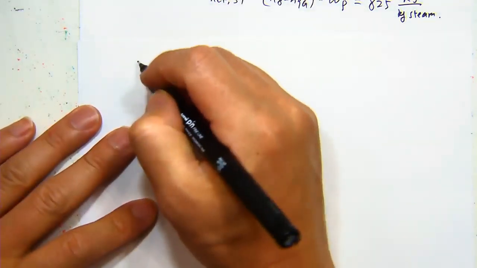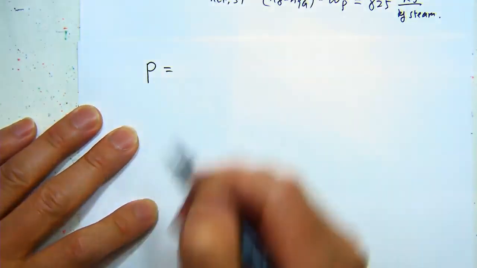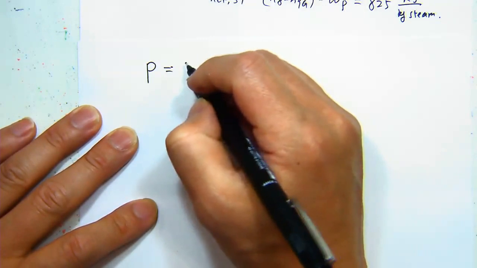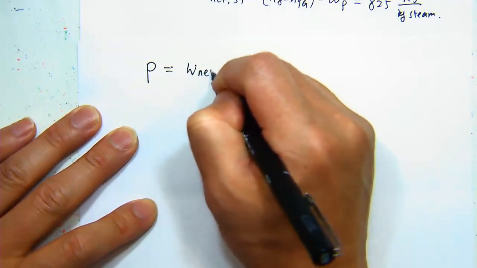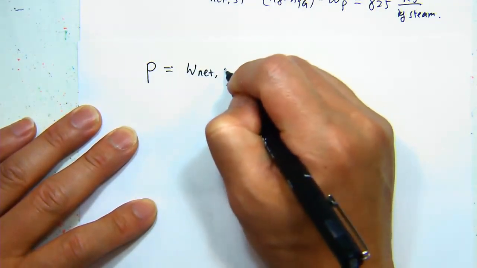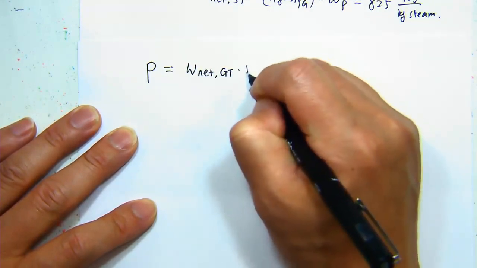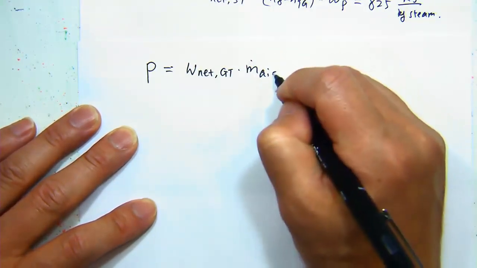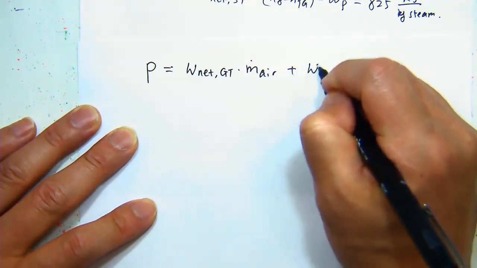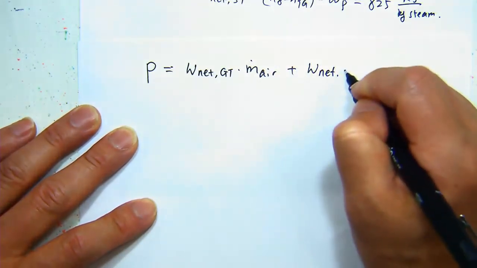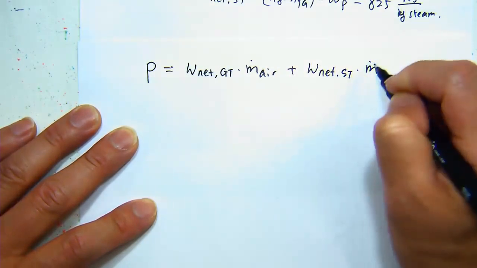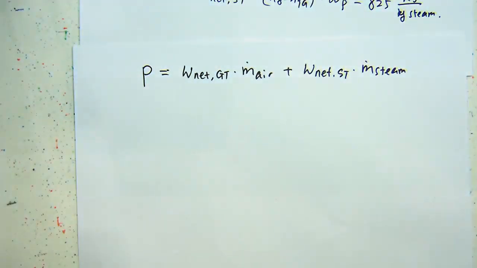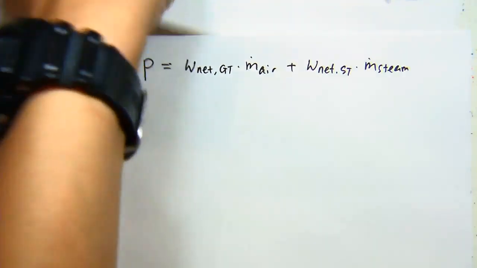we mentioned that the power can be written as the net work produced by the gas turbine times the mass airflow rate of the gas turbine, plus the net work produced by the steam turbine and the mass flow rate of the steam going through the turbine cycle or steam cycle.